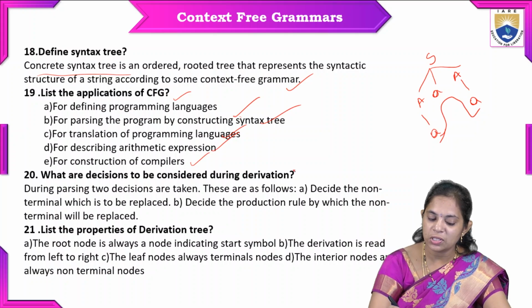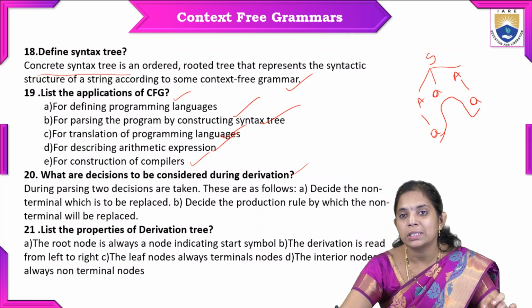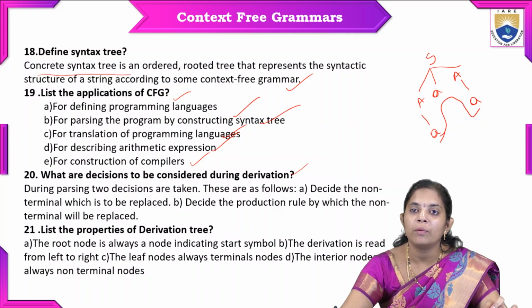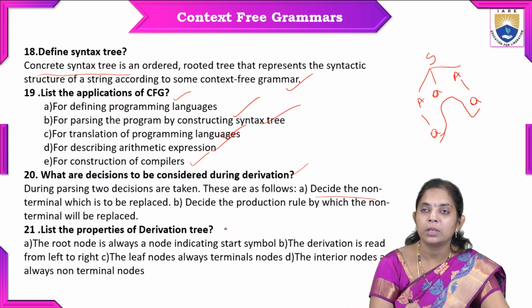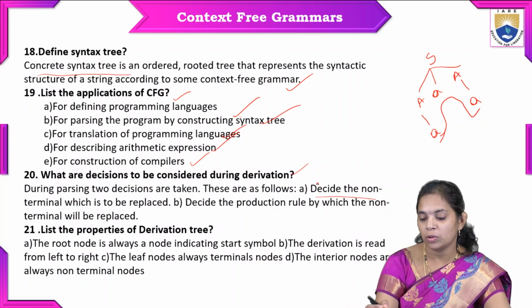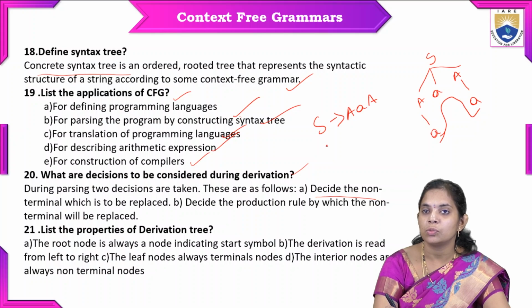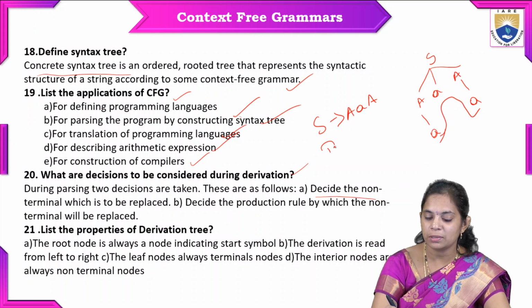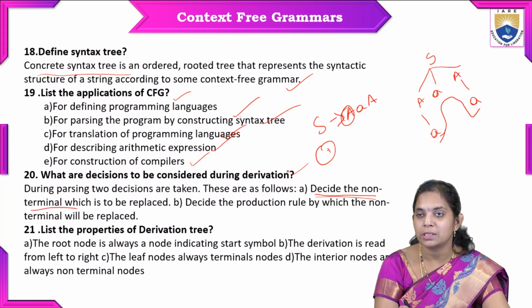And what are the decisions to be considered during the derivation? To derive a string from a grammar, what are the steps we need to consider? First, decide on the non-terminal symbols. If we have an equation like this, to derive using this production rule, the first step is to decide the non-terminal which is going to be replaced. Why?